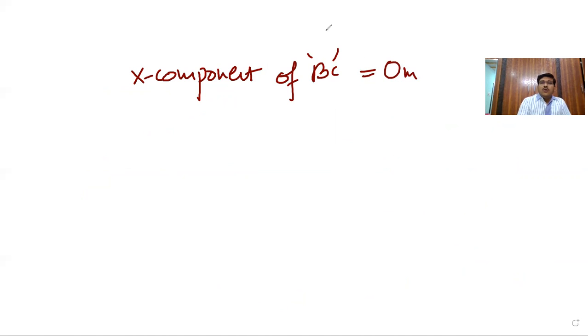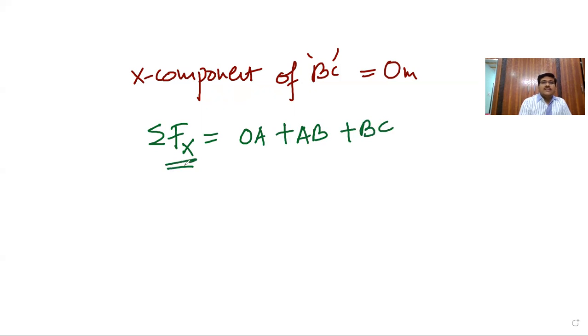Okay. Now we know the x components of OA, AB, BC. So let us sum all the x components. Sigma Fx is nothing but the component of OA plus the component of AB plus the component of BC along the x-axis.